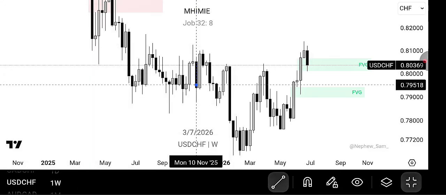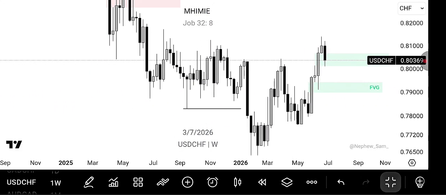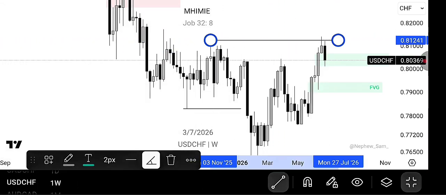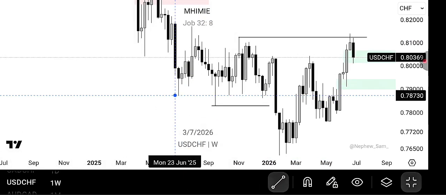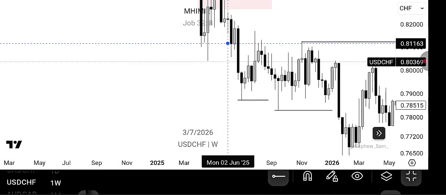We find out that we have a break of structure right here. Okay, that's our first break, of which the high becomes an extension liquidity, price has taken it out. The next is our trading range high.